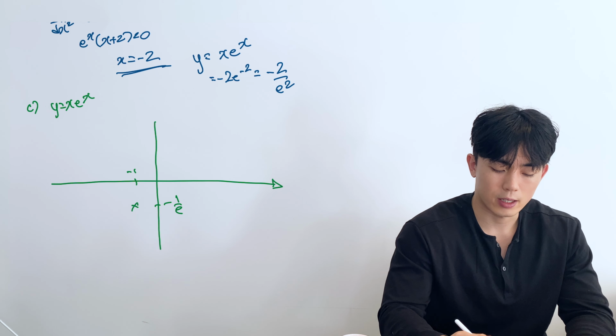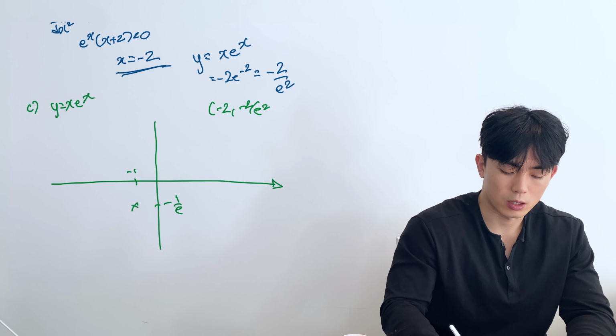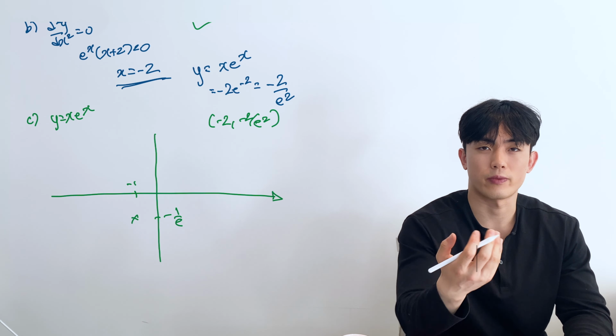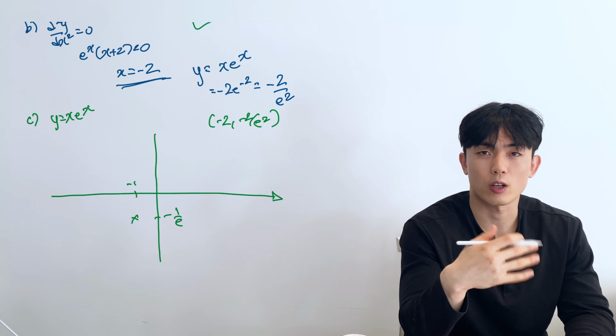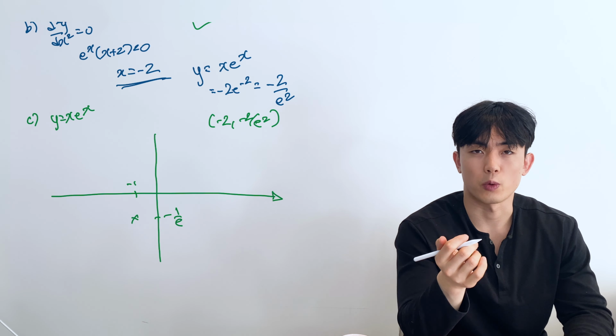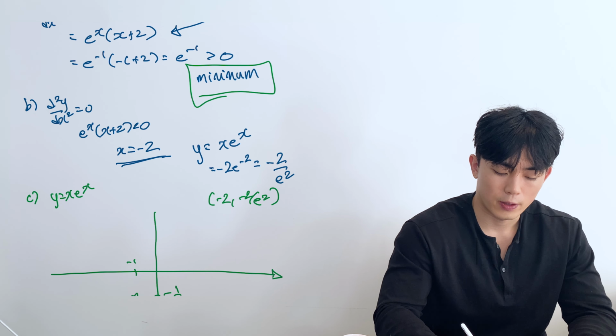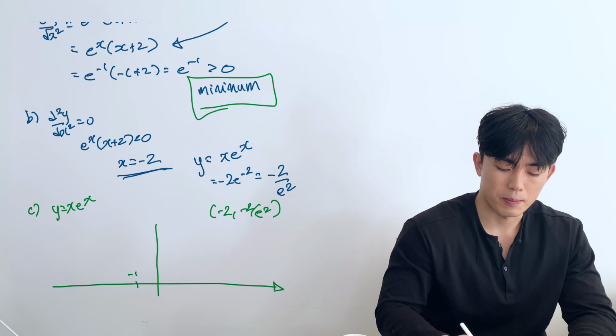We also know that minus 2 comma minus 2 over e squared is going to be a point of inflection, meaning that it's going to turn from a convex to a concave or a concave to a convex one, right? So it's just a matter of knowing which one it is going to turn into. Well, we've worked out that at this point here, it's a minimum, right?